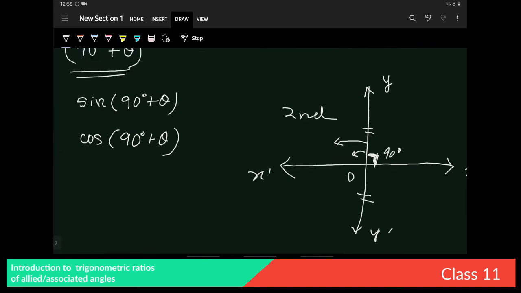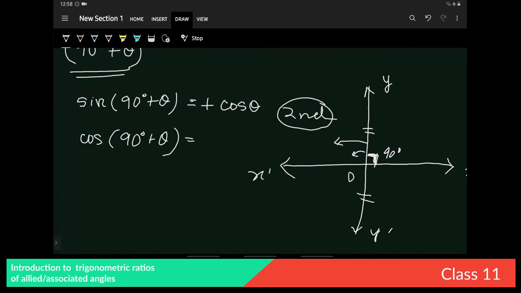So what will sine of 90 plus theta be? In the second quadrant sine is positive, so we put a plus sign here. Since it is associated with the vertical line, sine will change to cos, so it is plus cos theta.